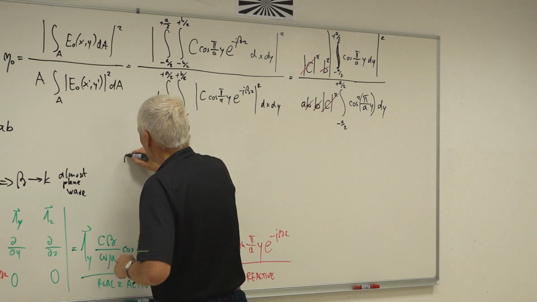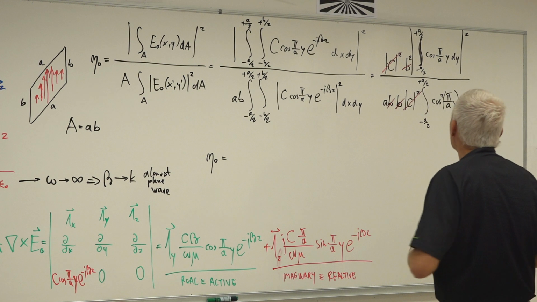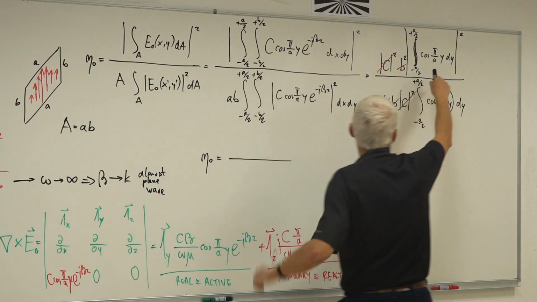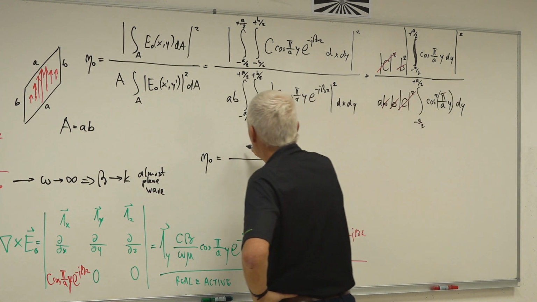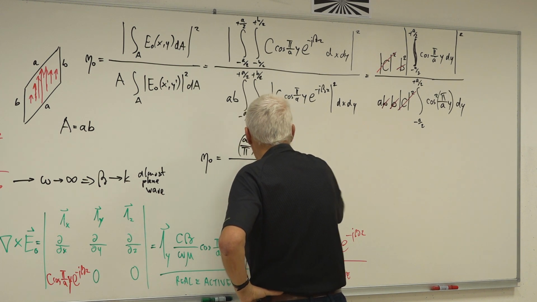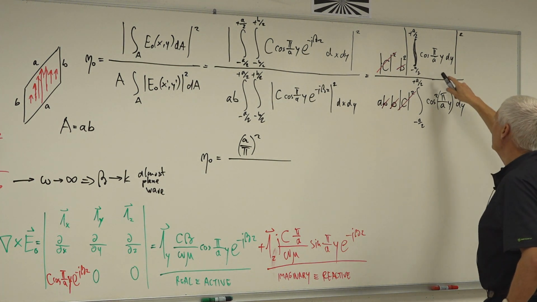So let's rewrite now the illumination efficiency. On top, I have the cosine of pi over a, so this is a over pi, a over pi squared. And then I have the integral of the cosine.